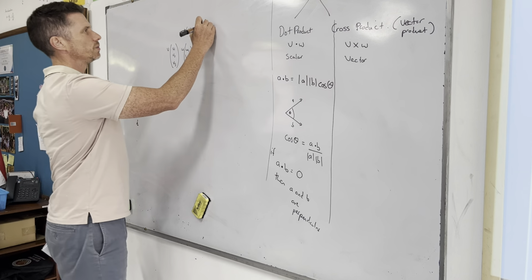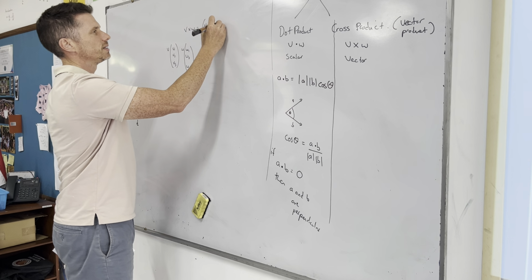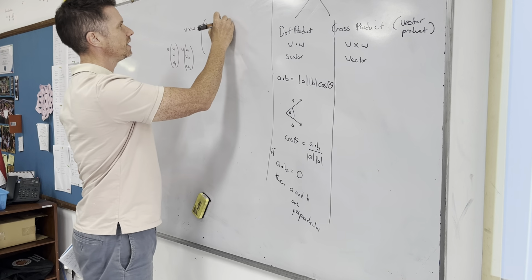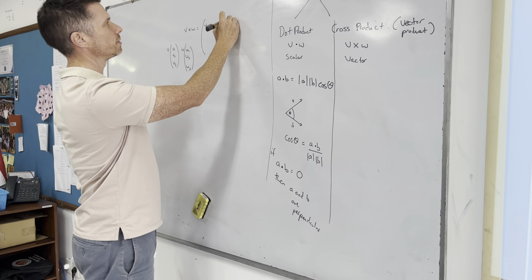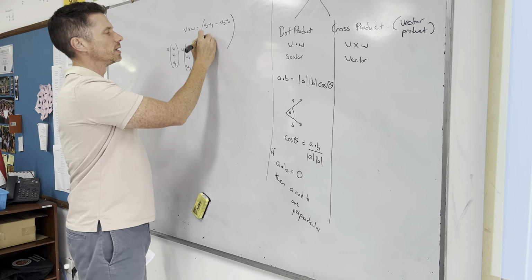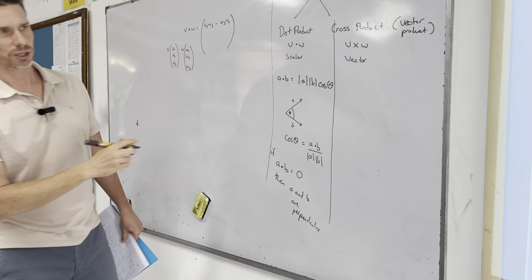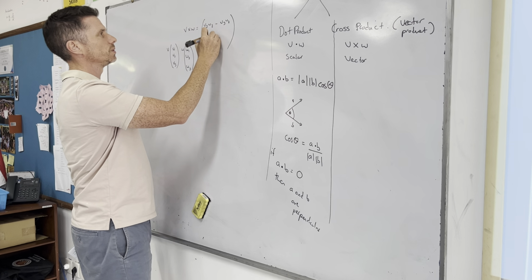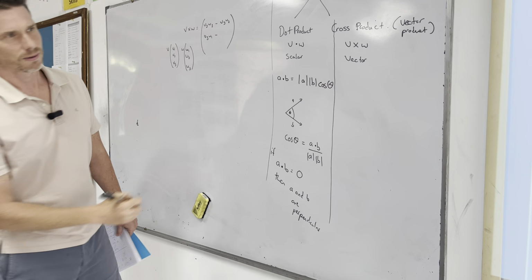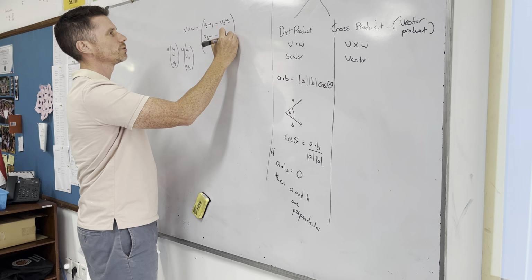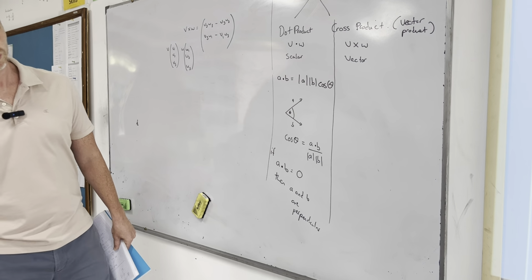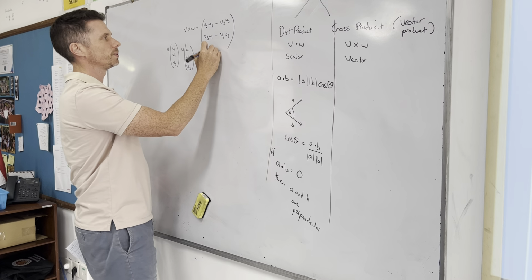So it's V2 W3, take away V3 W2, and that'll be the i direction. Then V3 W1 minus V1 W3. You do not need to remember this, but we will need to know how to apply it.